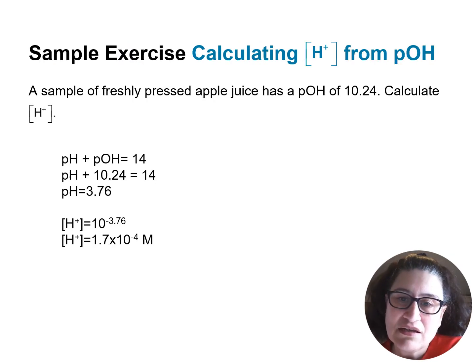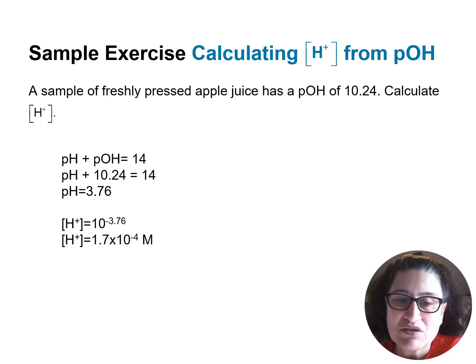All right, in this case, we have freshly pressed apple juice, and it has a pOH of 10.4, and they want me to calculate the H plus. So the first thing I did was I took the relationship of pH plus pOH is equal to 14 in order to find my pH. Then I did the inverse of the log, which is 10 to the negative.